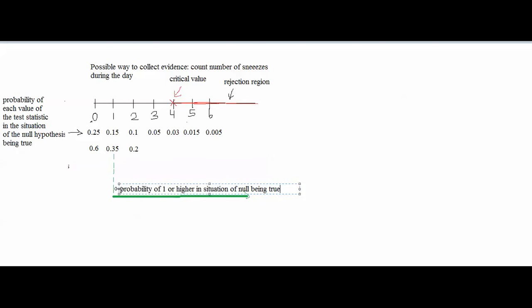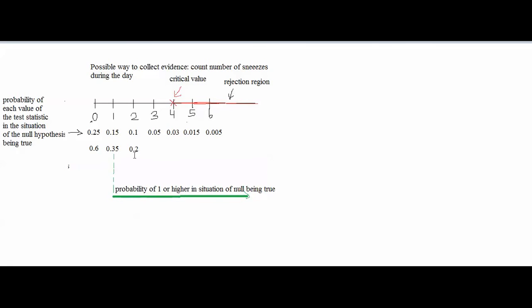So there's a 0.35 chance of getting an outcome somewhere in this part of the number line, starting at 1 and going above in the situation of the null hypothesis being true. This 0.35 is the probability of the number of sneezes landing somewhere in this part of the number line that includes all numbers that are 1 or above.